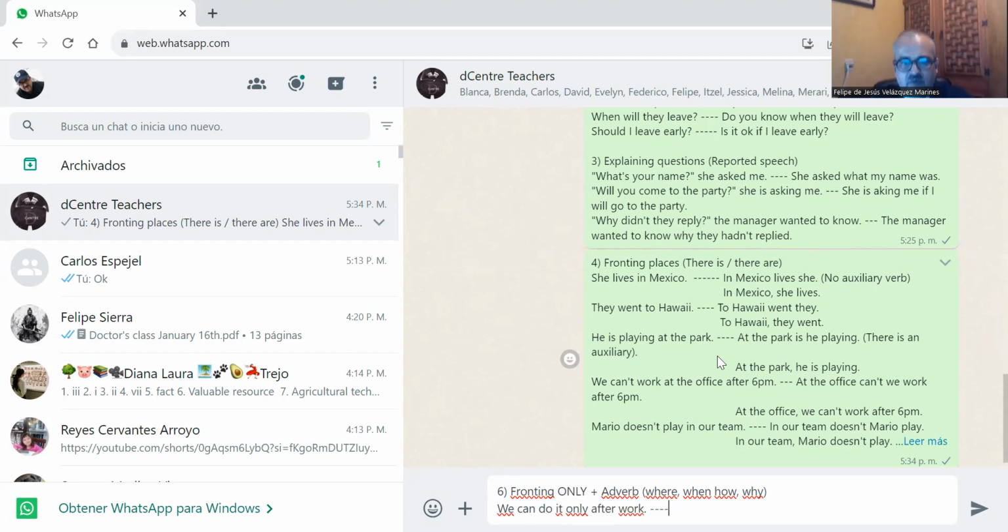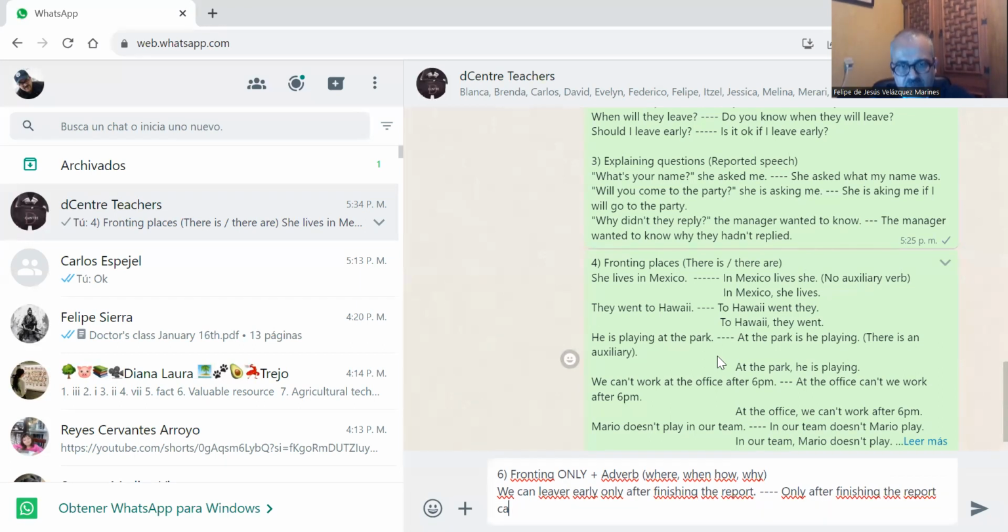Or we can leave early only after finishing the report. Then we say only after finishing the report can we leave early. Can we leave early? Yes.